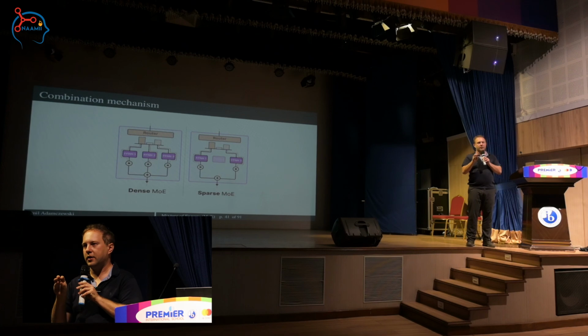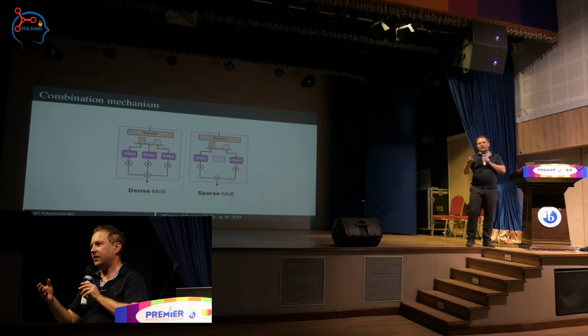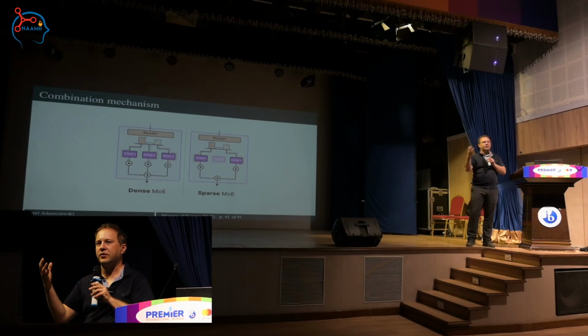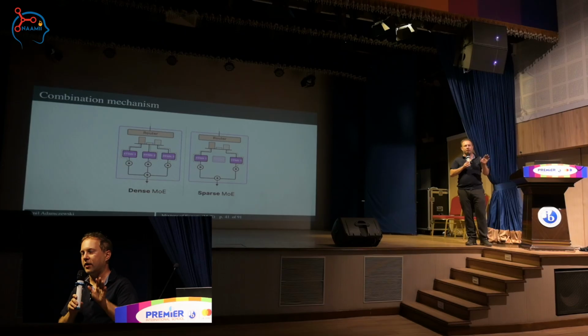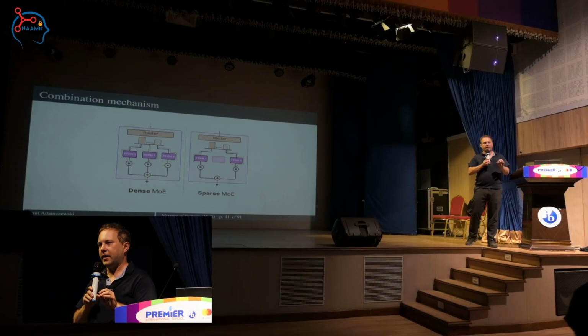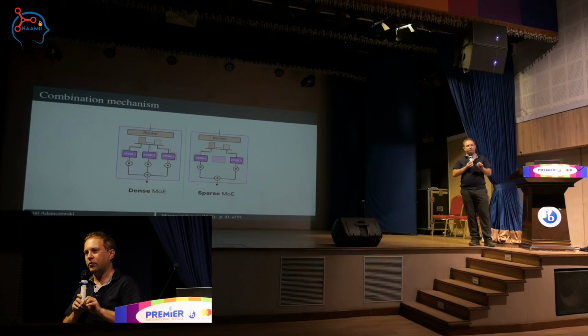It's much smaller compared to the FFN layers. Say, if the FFN layer has 100 parameters, the router has only one. It can be even 1 to 1,000. So the cost of the router is very small, and the router is always run, but the experts are not always. Only some of them will be.